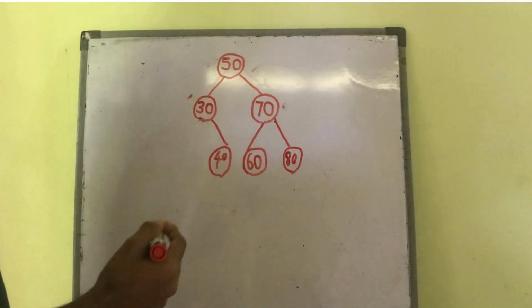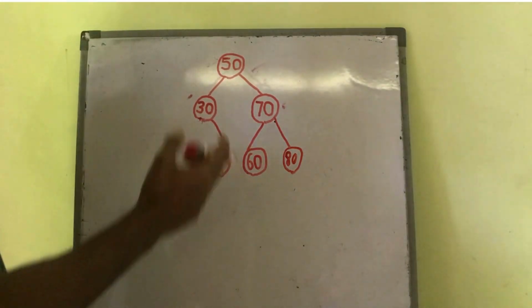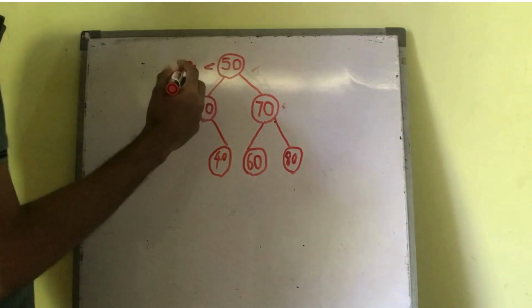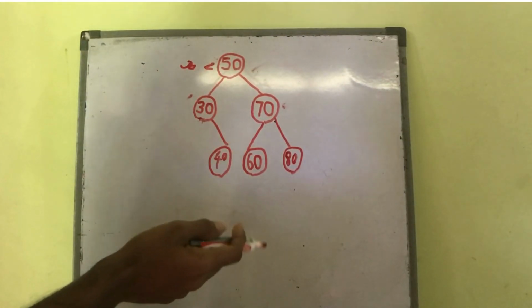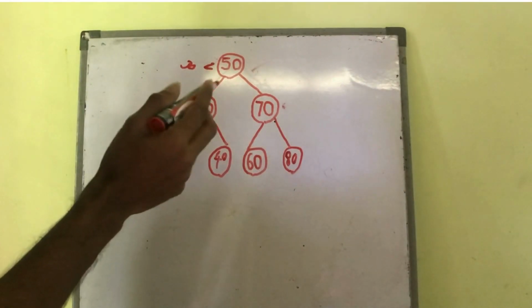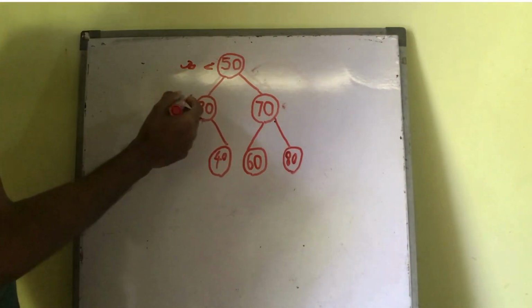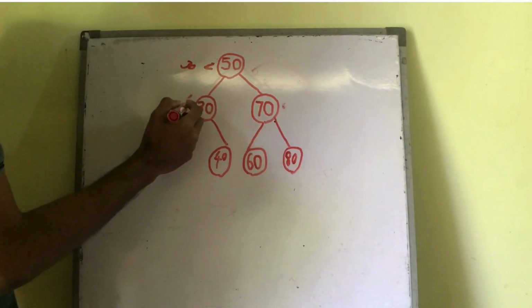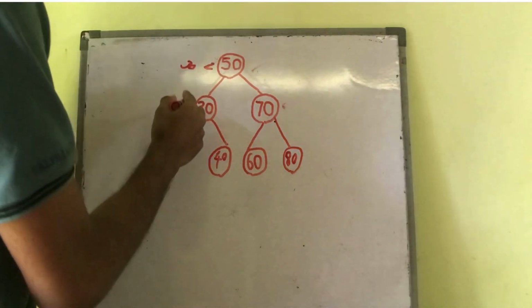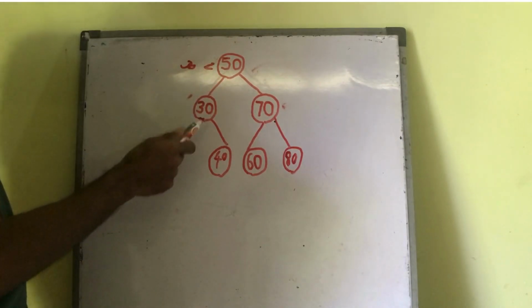We find that 30 is less than the root element 50, so it is on the left side of the structure. We can find the 30 element here. After that we need to delete this node.